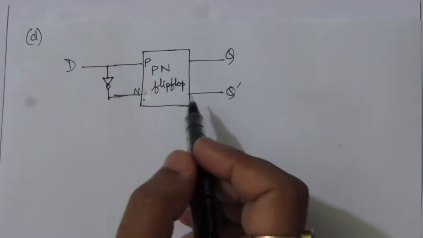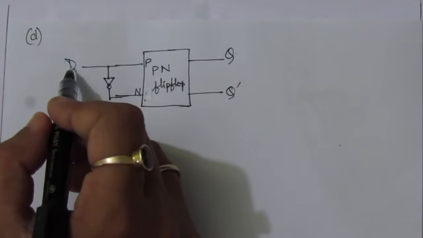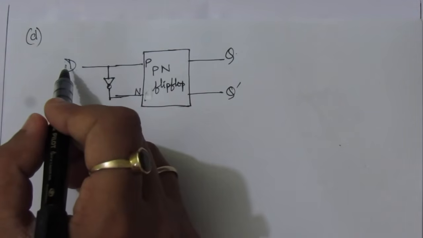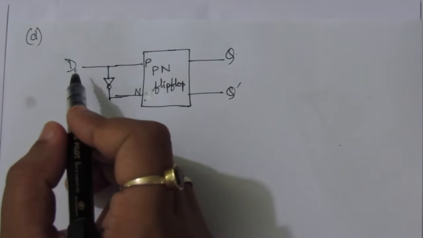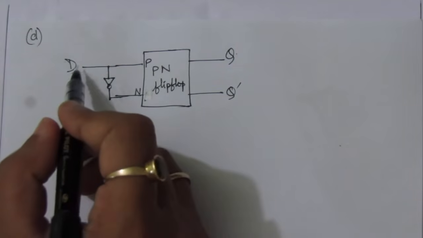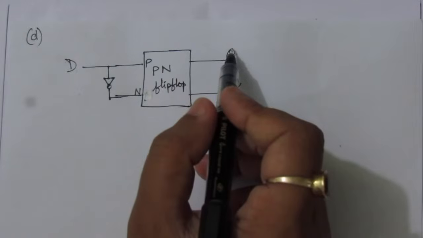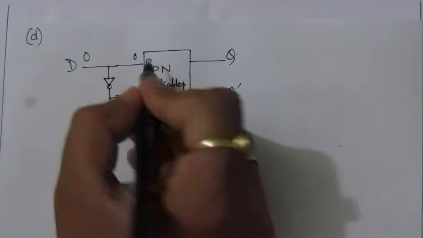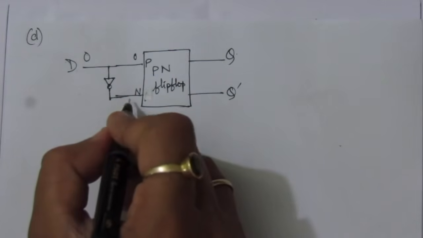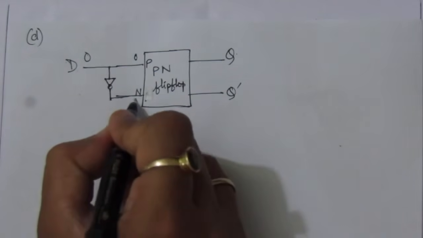Now let us verify this. Whenever we give 0 at the D input, the output should be 0, because it is the operation of the D flip-flop. Whenever we give 1, its output should be 1. Now if we give 0, we'll have 0 at this P input, and at the N input, because it is an inverter, we'll have 1.